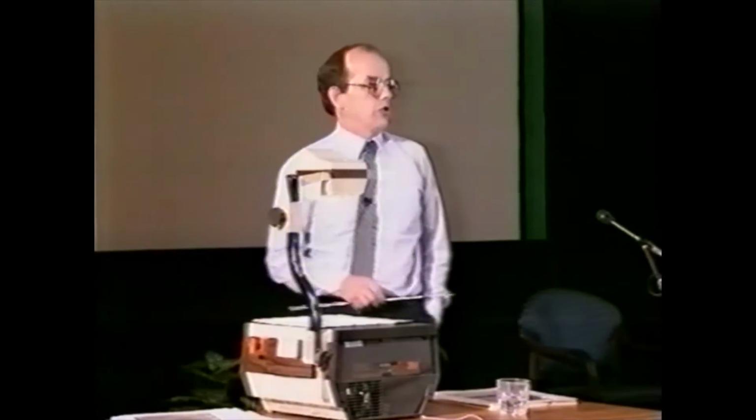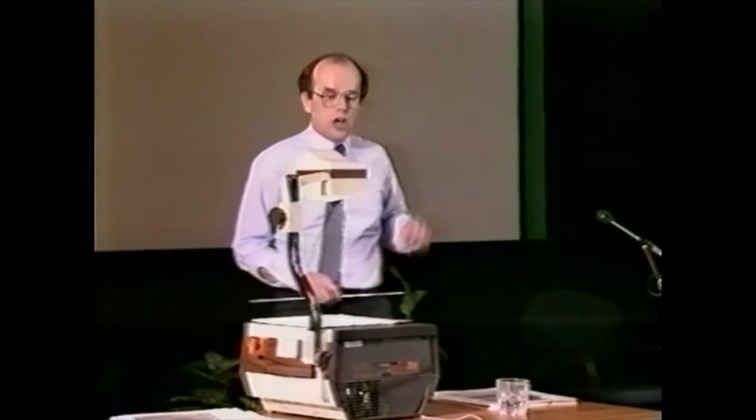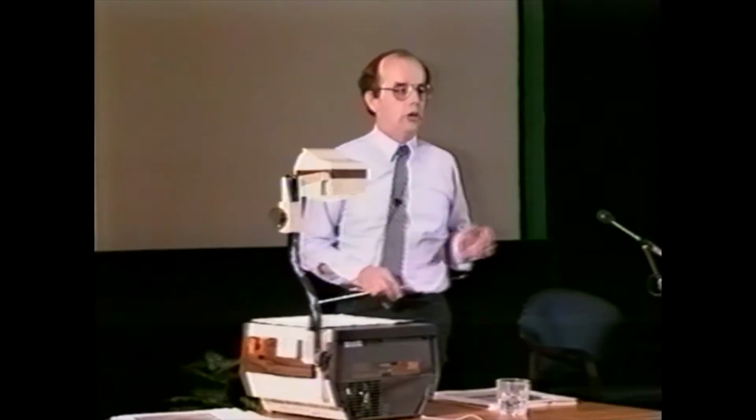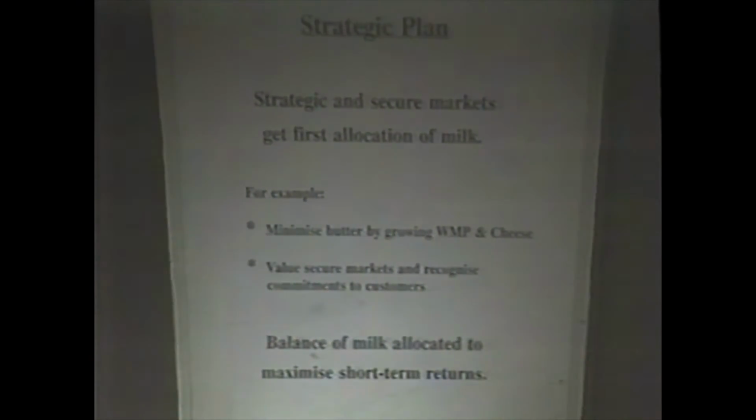From the industry's point of view, we start by looking at the strategic markets that we want to provide products for and the strategies being followed by the marketing people. The principal ones in the board's strategic plan are that we will minimise our reliance on butter by taking every opportunity to grow cheese and whole milk powder.